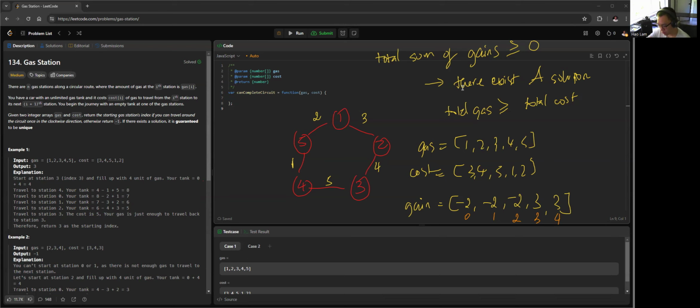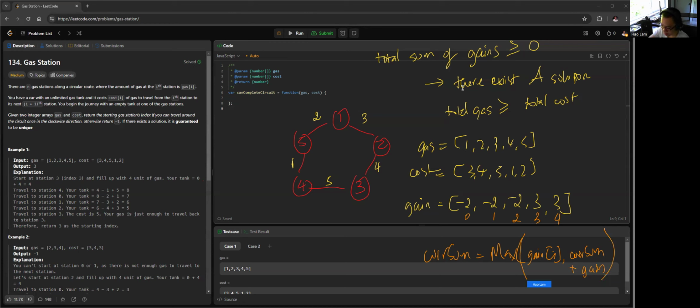And so normally, we would calculate the current sum equal to the max of the current number at i, or the current sum plus the next gain.